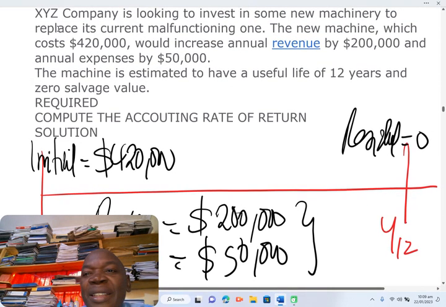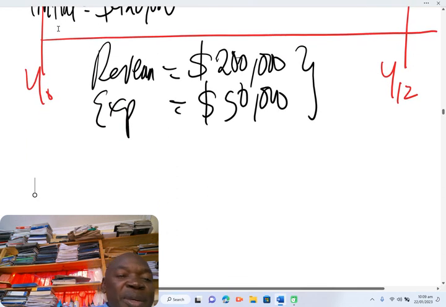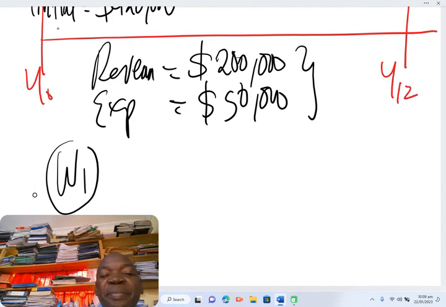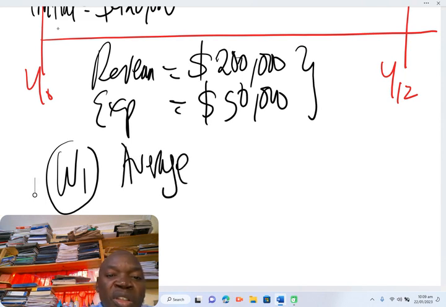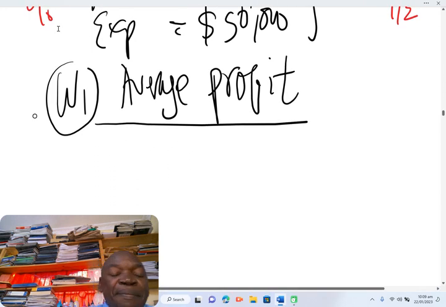Now, in this ground, you can see the first working. Number one, what is the total revenue so far? We need to compute the average profit, so we need the sales so far.